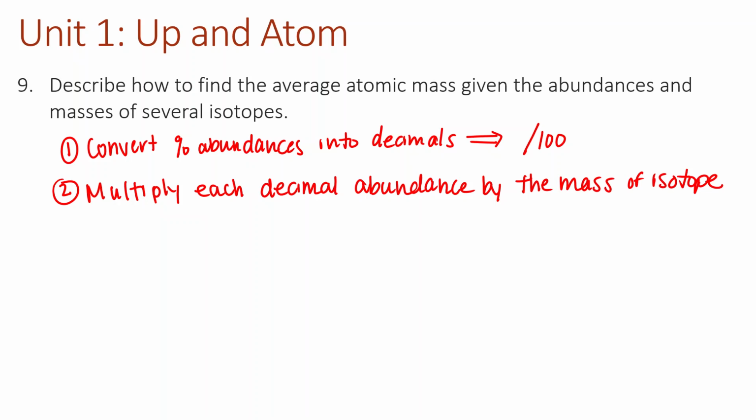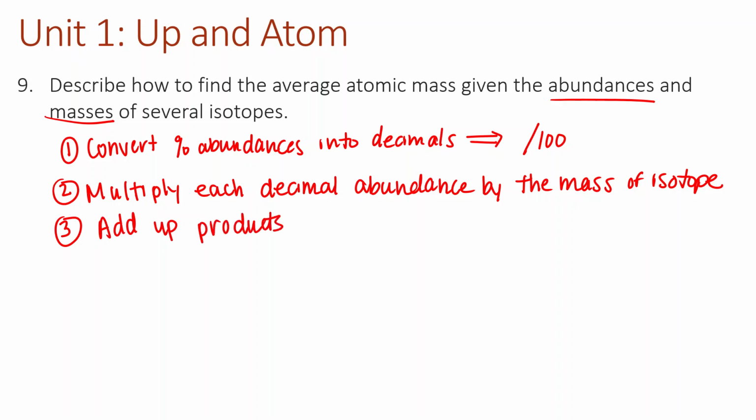And then once we've done all of that multiplication for each isotope, so you'll be given the abundances and masses, you multiply the decimal abundance times the mass for all of the isotopes. So if you had 5 isotopes, you would do this for all 5. And then lastly, your final step would be to add up the products.